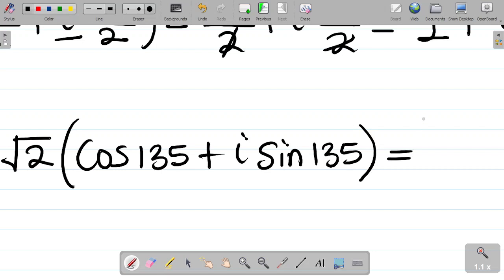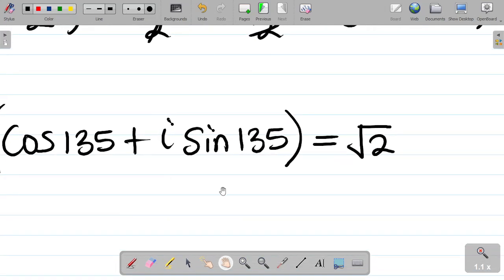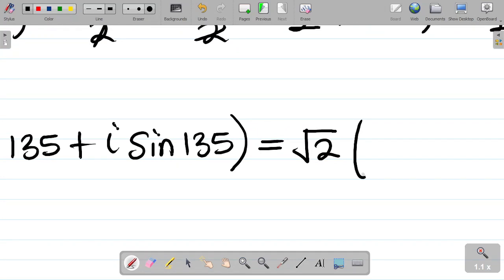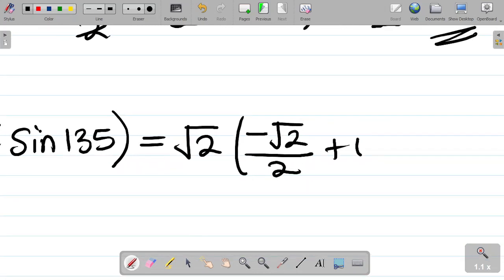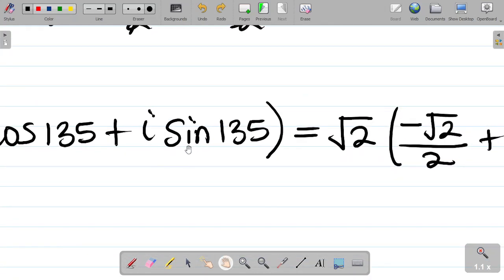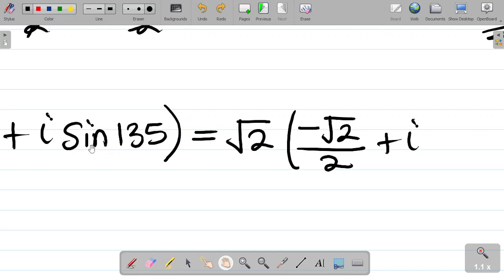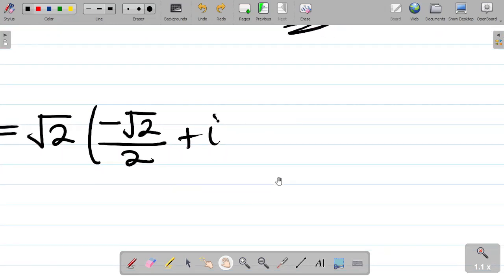Alright, let's get this value. This becomes root 2 into cos 135. If you punch cos 135, put it in fraction form, your answer becomes minus root 2 all over 2. Plus I sine 135. If you punch sine 135, your answer becomes root 2 over 2, a positive one there.